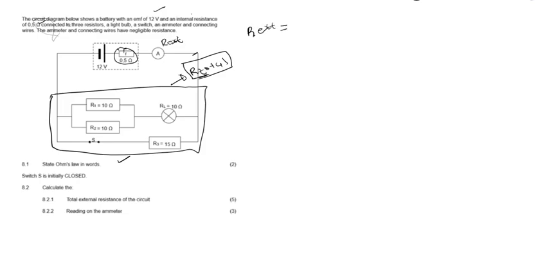If you want to find R external, you can combine the R parallel plus the R series, and you get the R total.